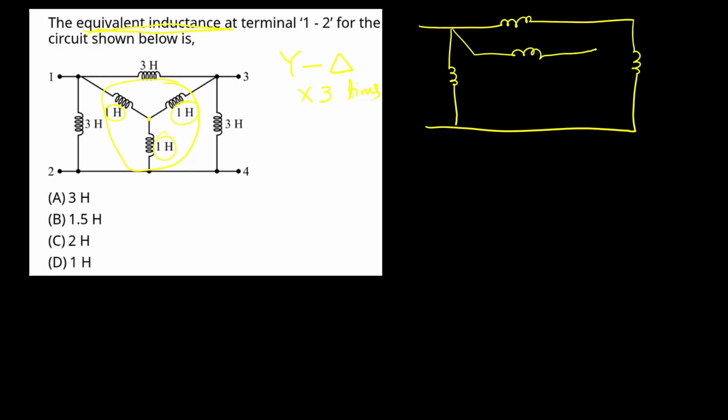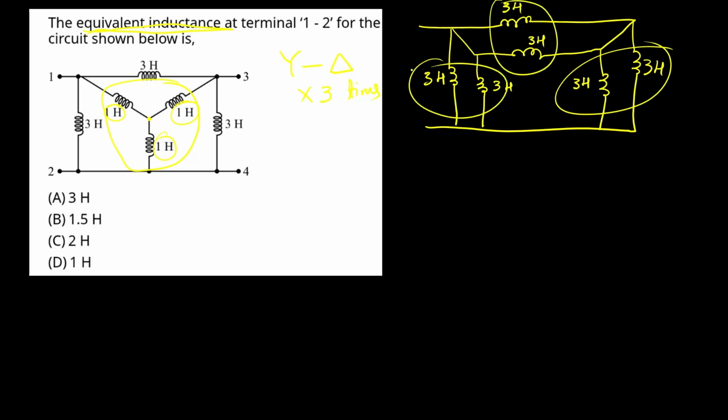After converting the star to delta, the circuit will look like this. This is 3 henries, 3 henries, 3 henries, and this is 3 henries, 3 henries, 3 henries. So these are in parallel, these are in parallel, these are in parallel. R1 R2 by R1 plus R2: as R1 and R2 are equal, the equivalent is R by 2.